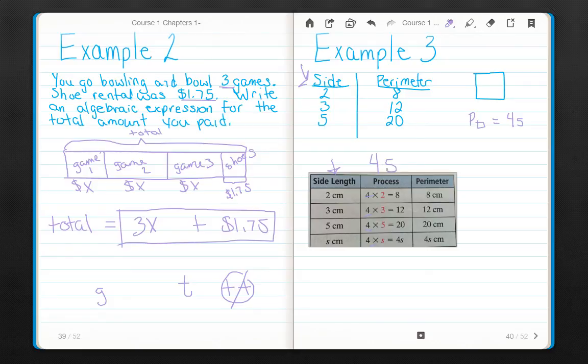Times s, the side length, will equal the perimeter. So 4s, or 4 times s, is your algebraic expression for that table. Some of them will be multiplication, some division, some addition, some subtraction. That's it. Do your QCs and CYUs, and I will see you later.